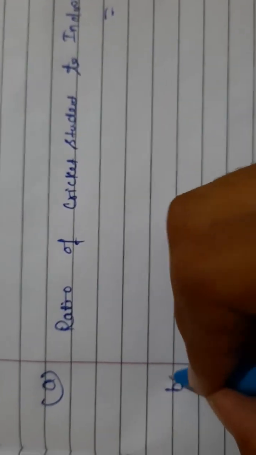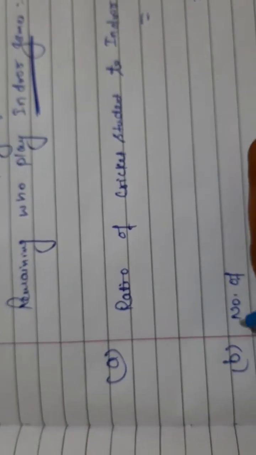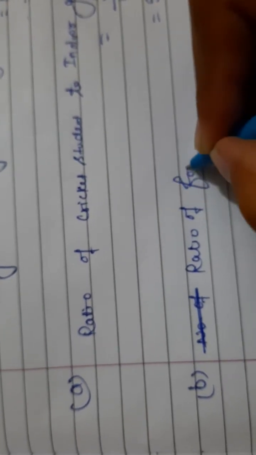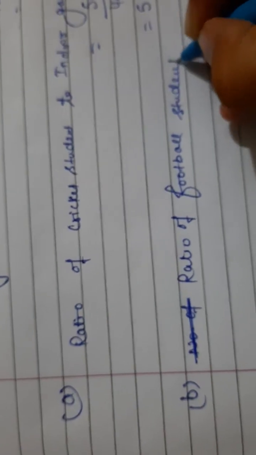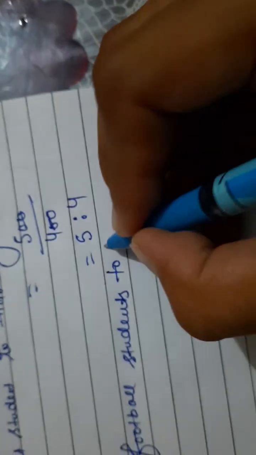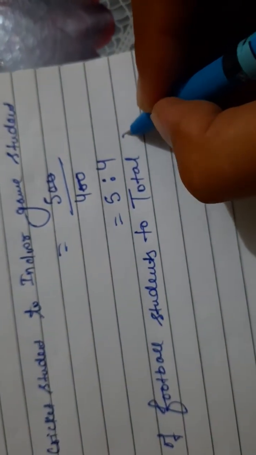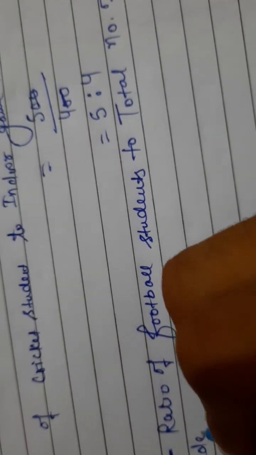Next is B part. Ratio of football students to total number of students. We have to find the ratio of football students to total number of students.